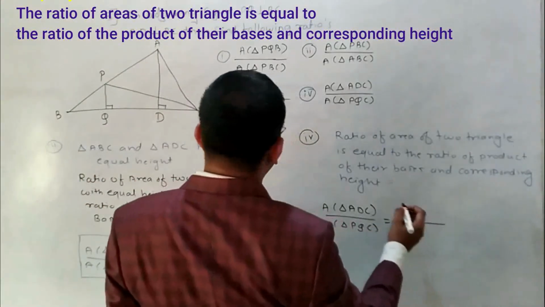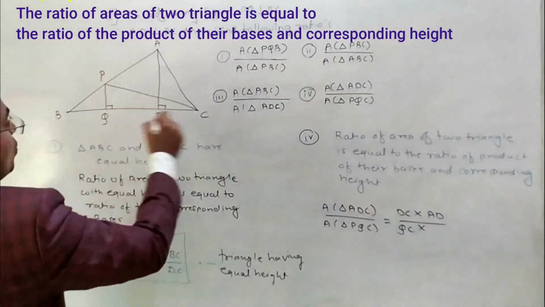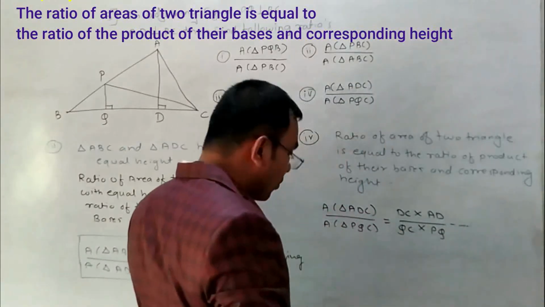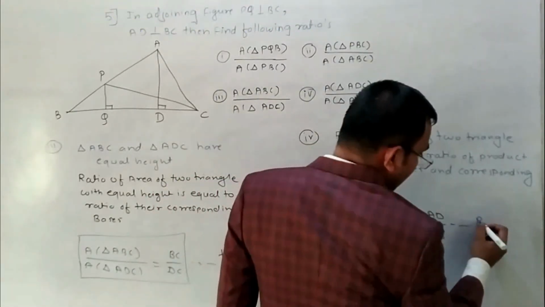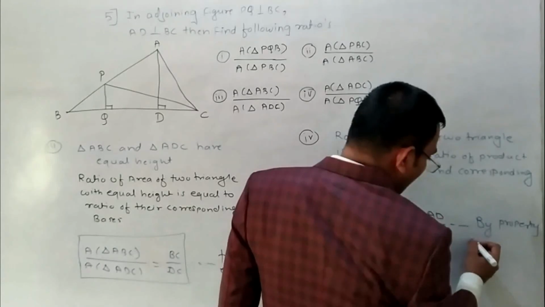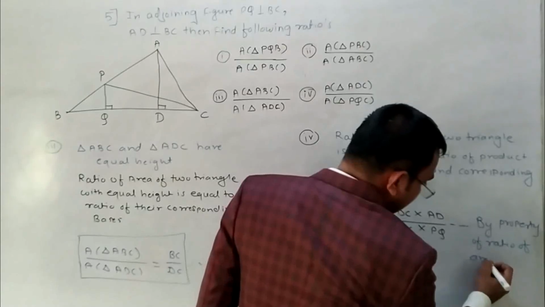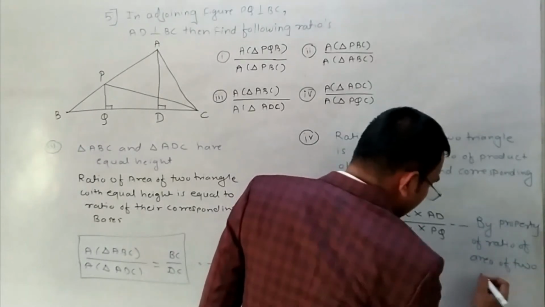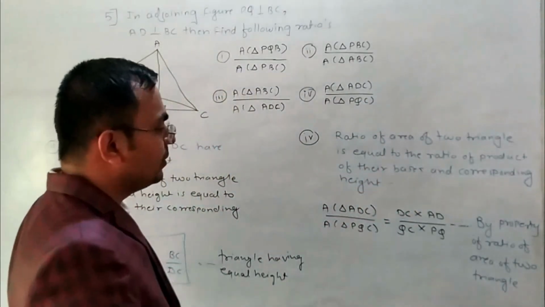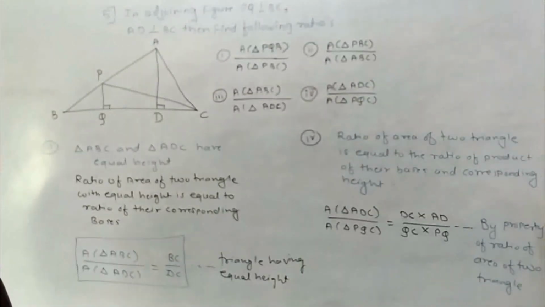ADC has height AD and PQC has height PQ. By the property of ratio of area of two triangles. So write down this by property 1.